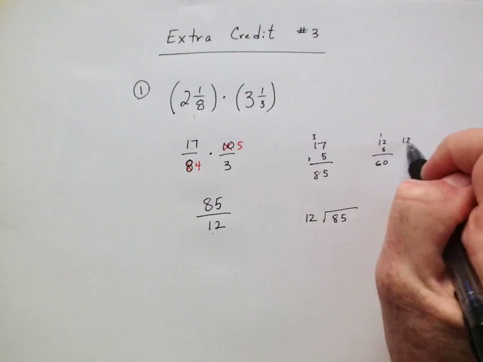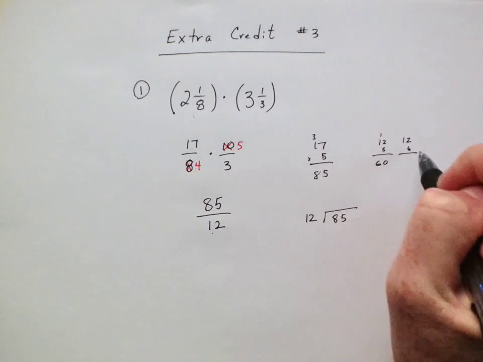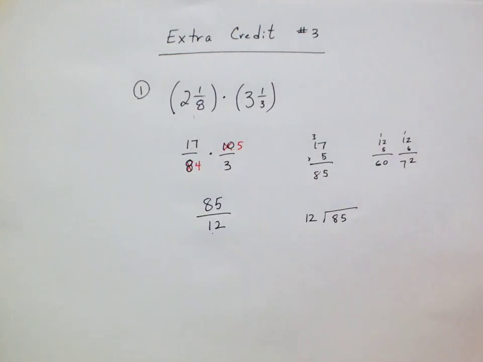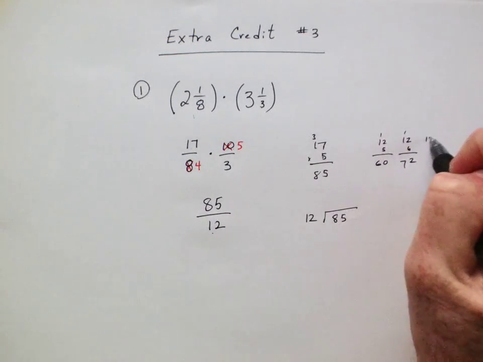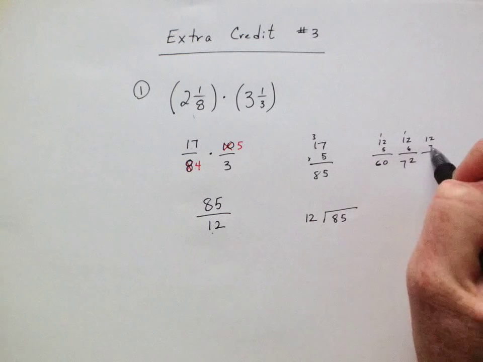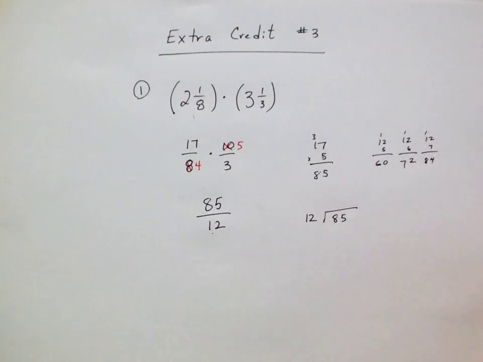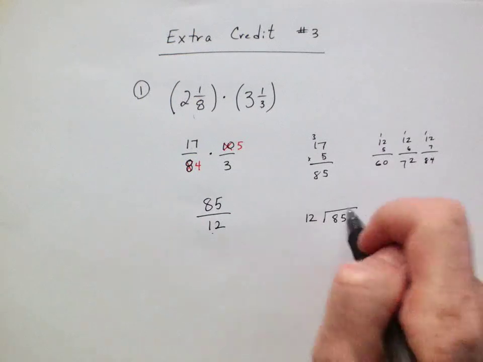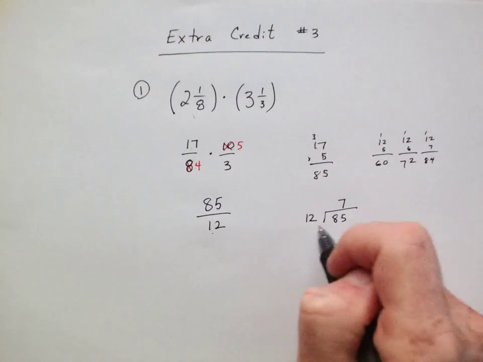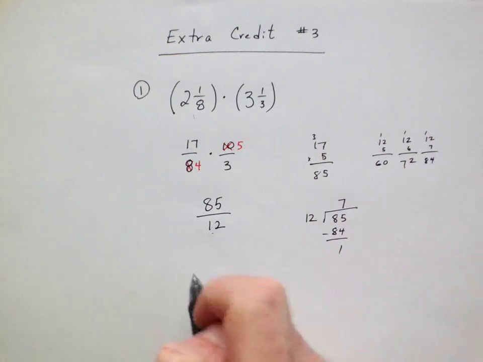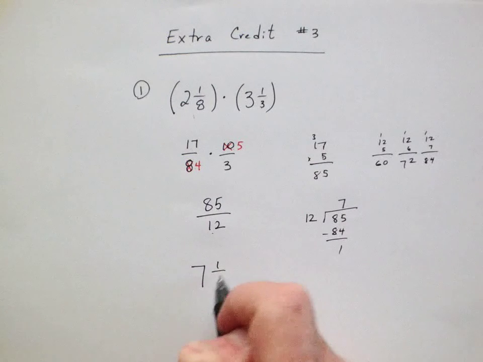How about 12 times 6, this would be 72. Maybe I should try 12 times 7. So this would be 14 is 84. That's the best one. So actually it's going to be 7, and then 7 times 12 is 84. Subtract, the remainder is 1. So the final answer is that it's 7 and 1/12.